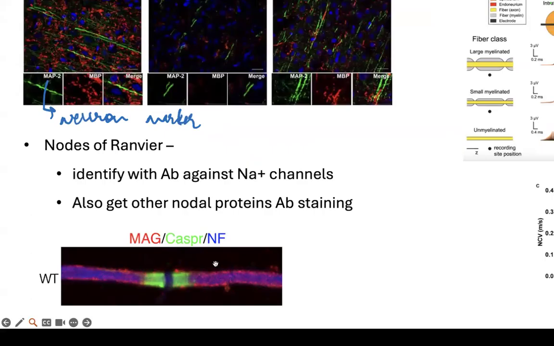So what you also want to check is that are there enough nodes of Ranvier? Because you don't want it to be a perfect insulation also. So against the node of Ranvier, like we saw, there are sodium ion channels. You can have antibodies against that. There are other proteins also, for example, this thing, Caspr.